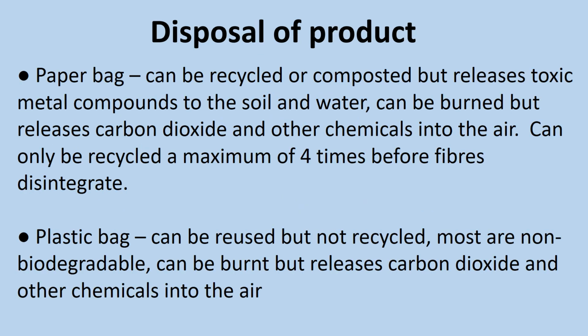Paper bags can be recycled or composted but release toxic metal compounds to the soil and water. They can be burned, but that would release carbon dioxide and other chemicals into the air, and can only be recycled a maximum of 4 times before fibres disintegrate. Whereas a plastic bag can be reused but not recycled. Most are non-biodegradable, and can be burnt but release carbon dioxide and other chemicals into the air.